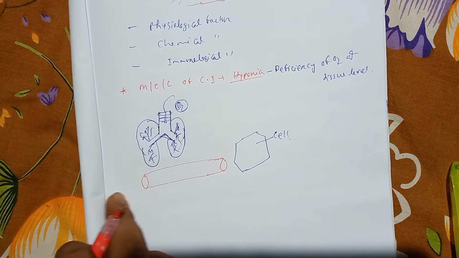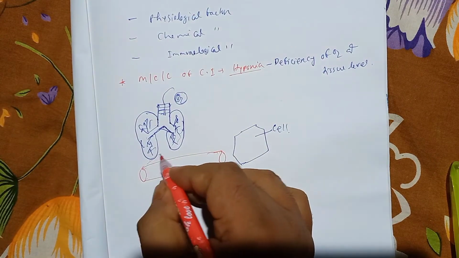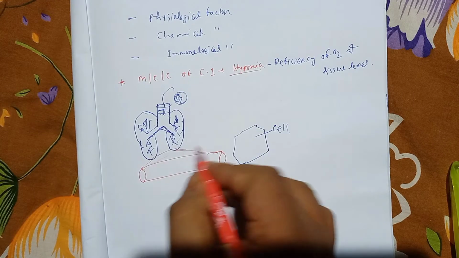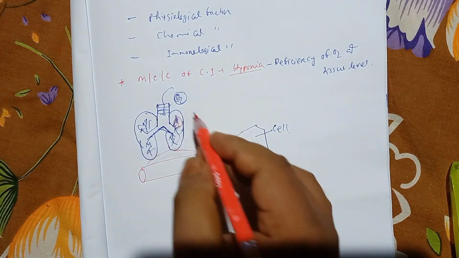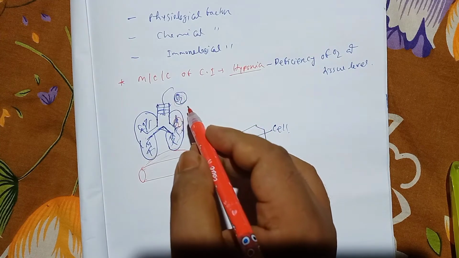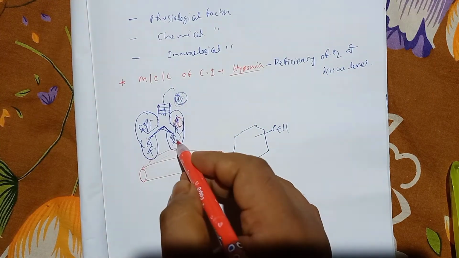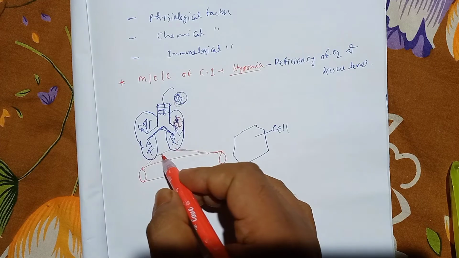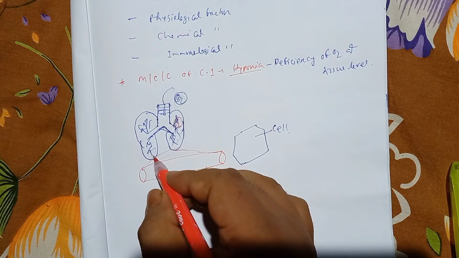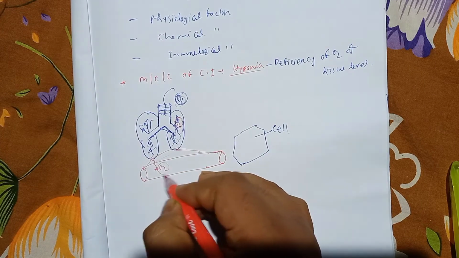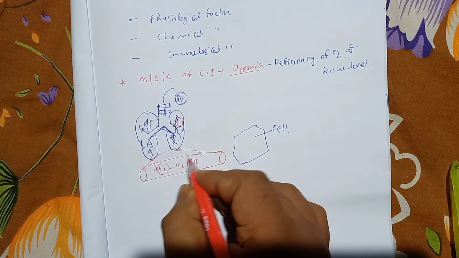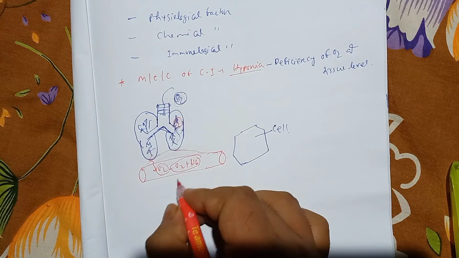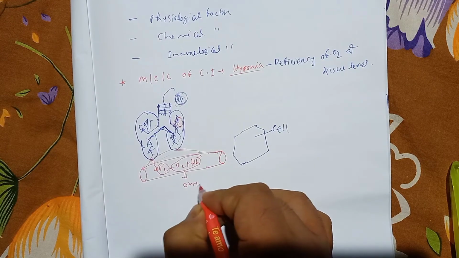So what is the thing here? When the partial pressure of oxygen is greater within the alveoli, then by simple diffusion the O2 will come out here, and the O2 will combine with the hemoglobin of the RBC and form oxyhemoglobin.